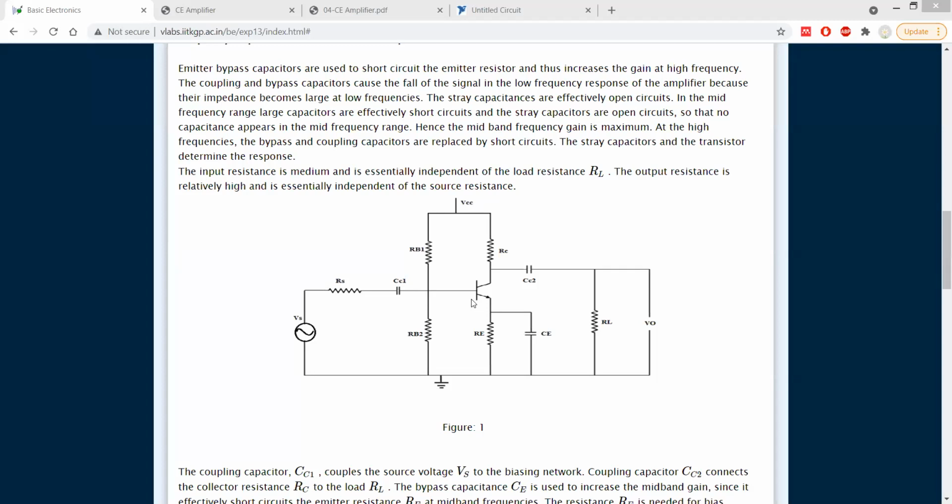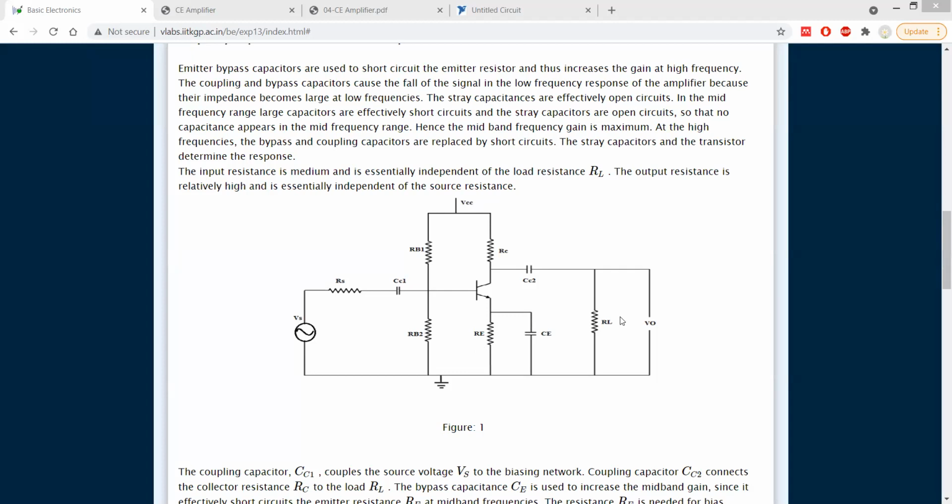Or if you consider 10 kilohertz to 110 kilohertz, then the bandwidth will be 110 minus 10, that is 100 kilohertz. That will be the bandwidth of this specific amplifier. We have to give numeric values for this, and it also depends on the transistor characteristics.